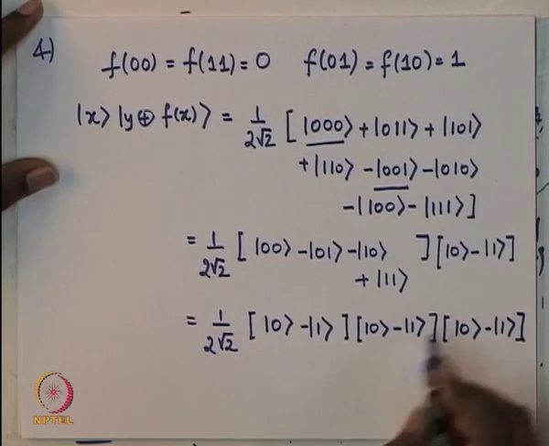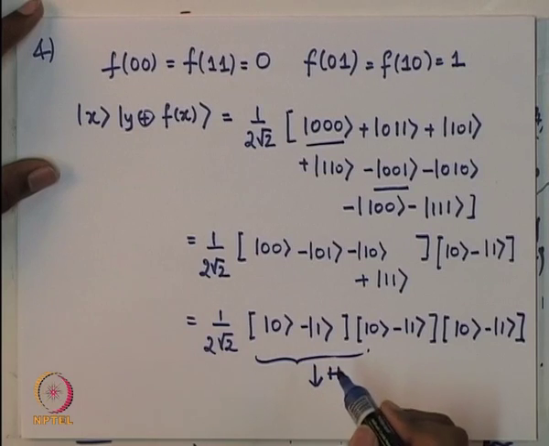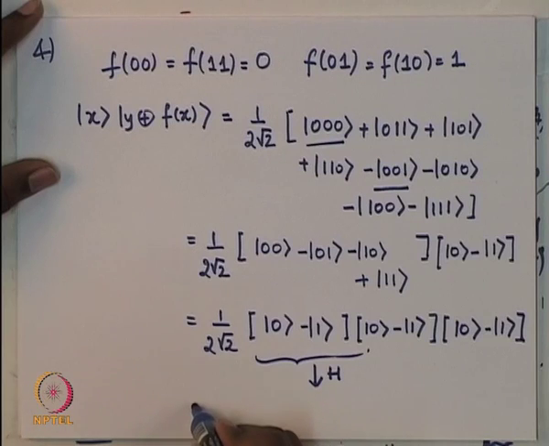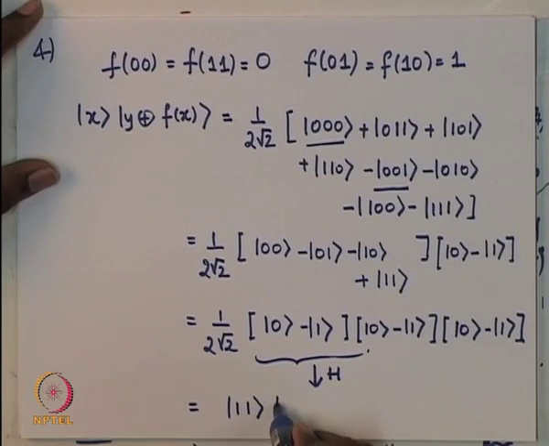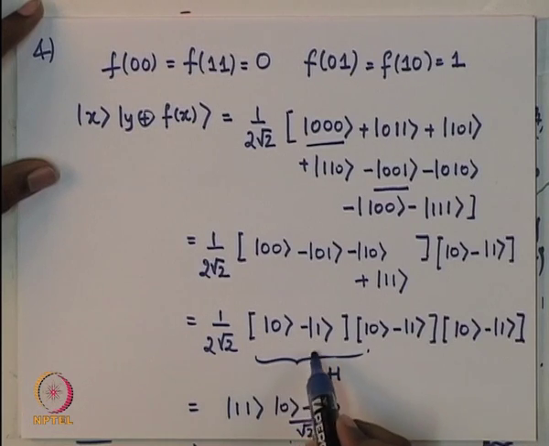Now applying the Hadamard gate on the first two qubits would give us qubit 1 1. We know that when H is applied on qubit 1, we obtain qubit 0 minus qubit 1 by square root 2 as output.